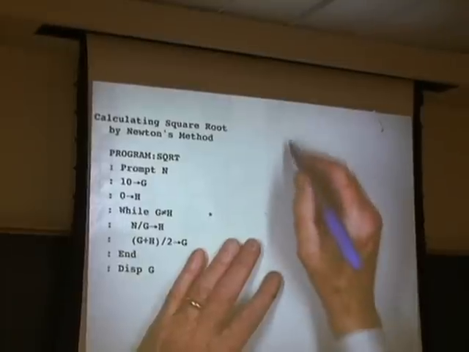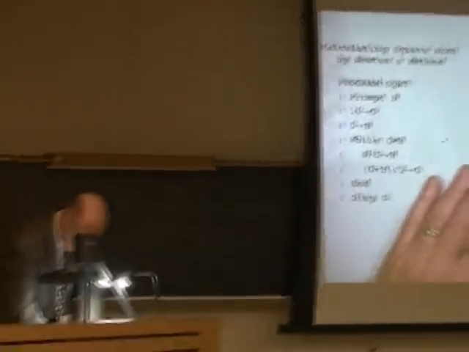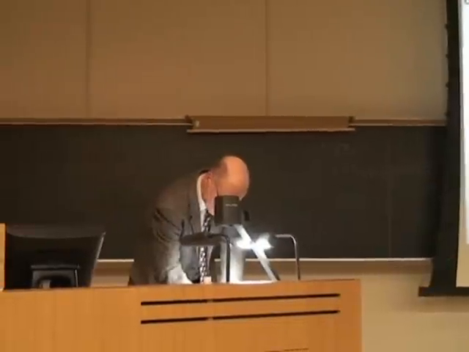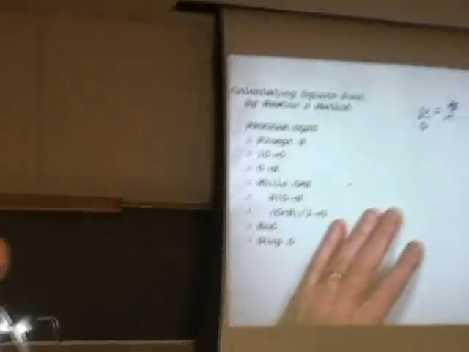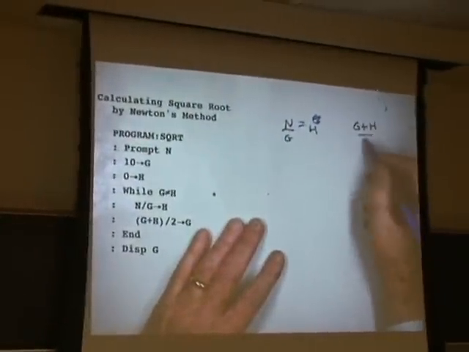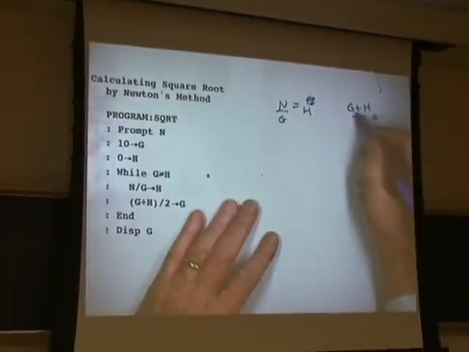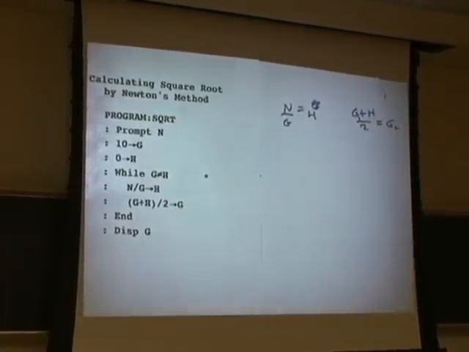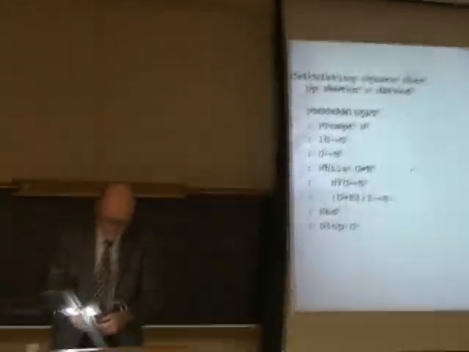I've got n over the guess is equal to h. And then (g plus h) over 2 is equal to the next guess. That's all we've got going for us in that program.